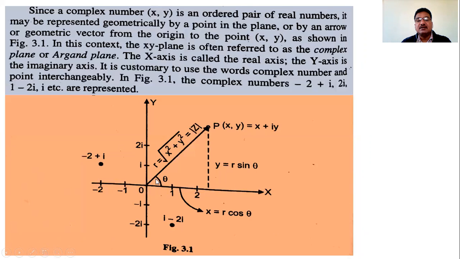Cos theta is the adjacent side, that is x, divided by r, the modulus. So cos theta is x by r, meaning x is r cos theta. And what is sin theta? Sin theta is the opposite side, y, divided by r, the hypotenuse. This is a right angle triangle. So sin theta is y by r, and therefore y is r sin theta.